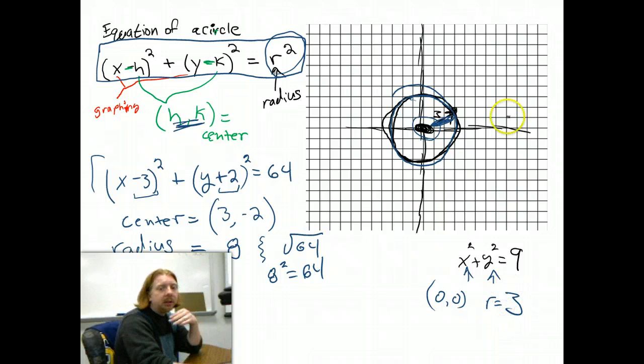And that's why I can see right here it's 1, 2, 3 units to get to the edge. That's probably the first time you guys have seen this formula. We'll look at a few more examples to help shore it up.